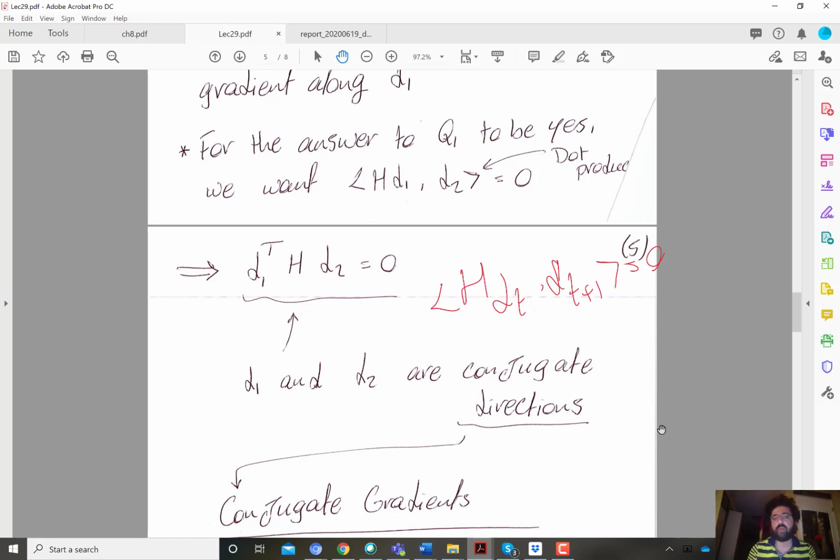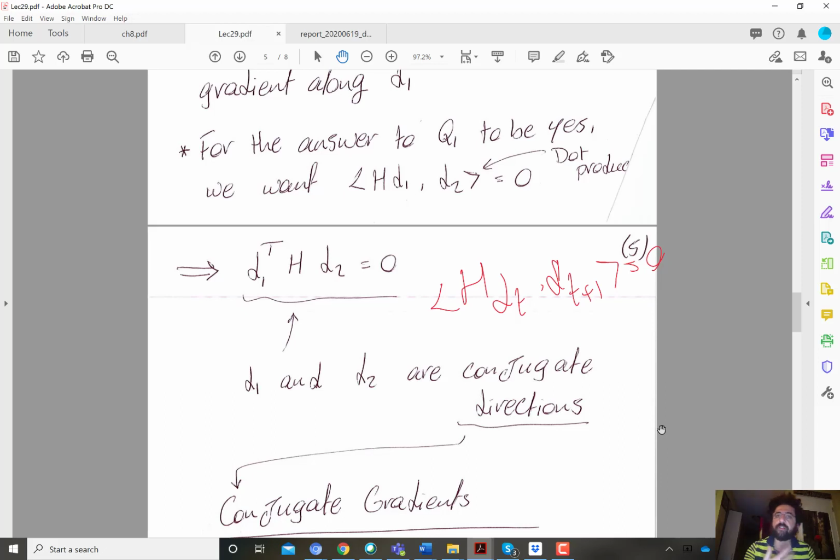The minimum cost is defined by the critical point where the gradient is 0. You don't want the gradient of the cost along Dt to change while you are searching along Dt plus 1.